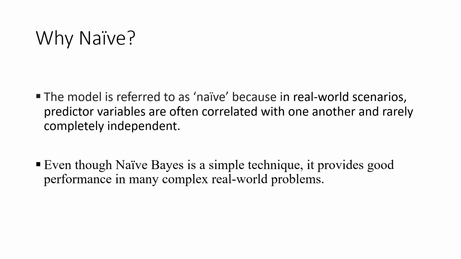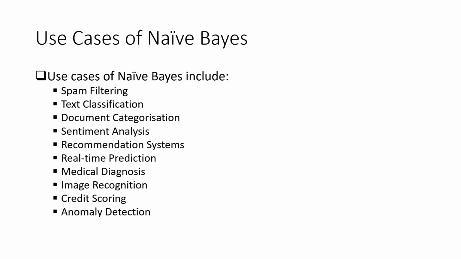So what are some of the use cases of naive Bayes? It can be used for spam filtering, text classification, how you categorize documents, sentiment analysis, recommendation systems, real-time predictions, even medical diagnosis.